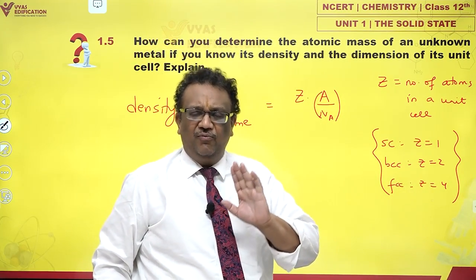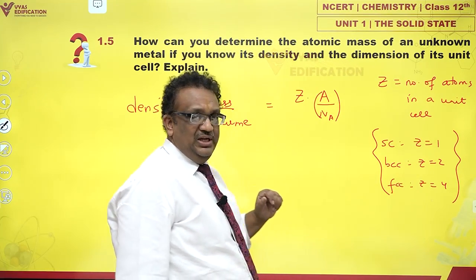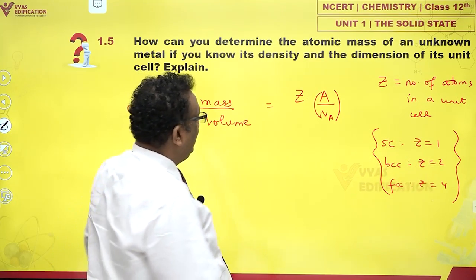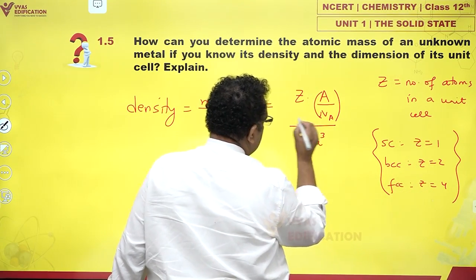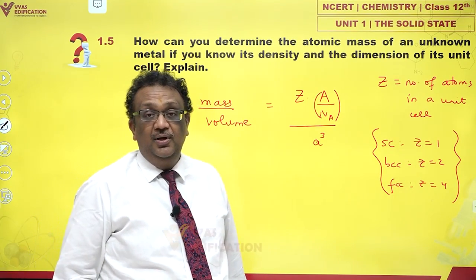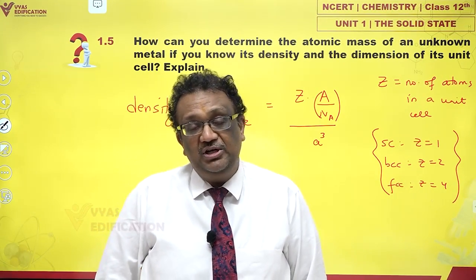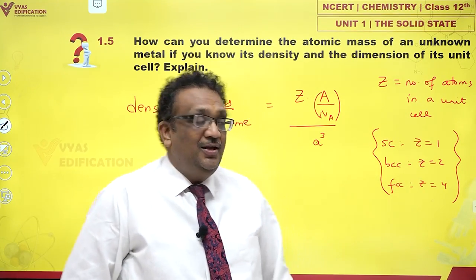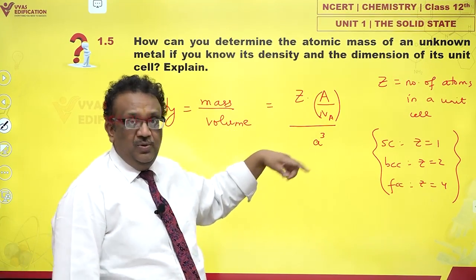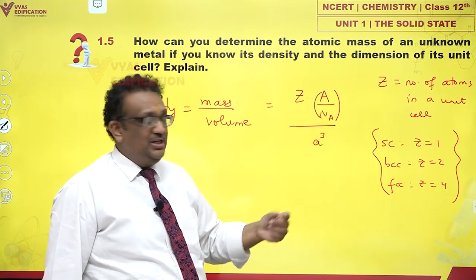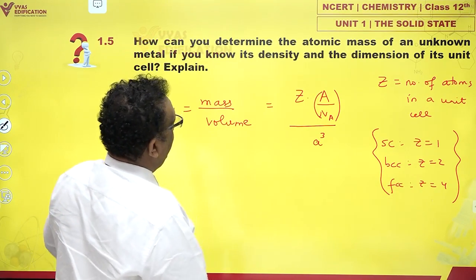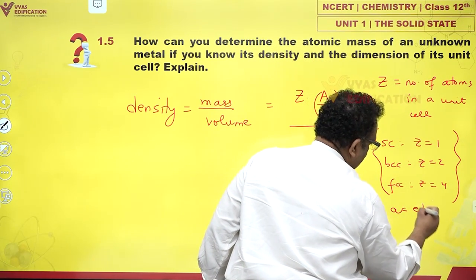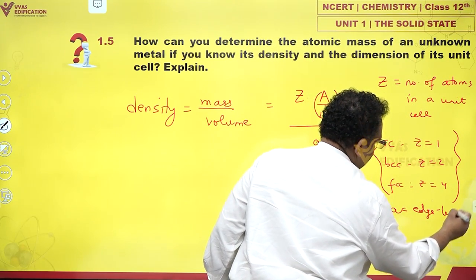But once we know the crystal structure, we get the value of Z. So this is the mass of atoms present in one unit cell divided by volume of one unit cell, and I am writing a cube because I am assuming this is a cubic unit cell. It could have been hexagonal. In this case, the formula would have changed. Mass by volume is the same, but volume of a hexagon is not a cube, obviously. This is only the volume of cube, where a is the edge length.